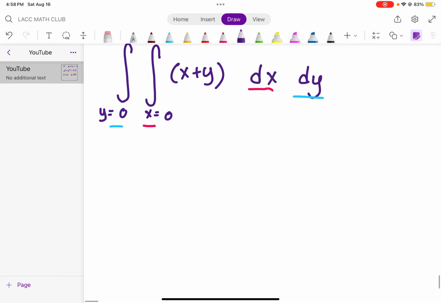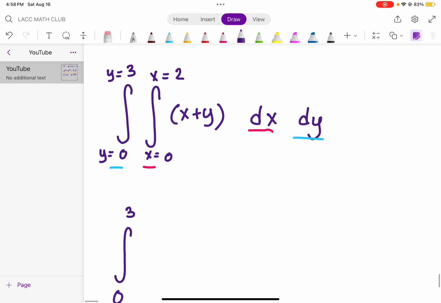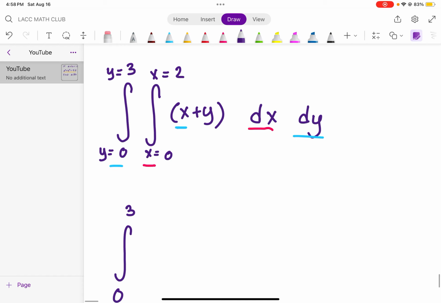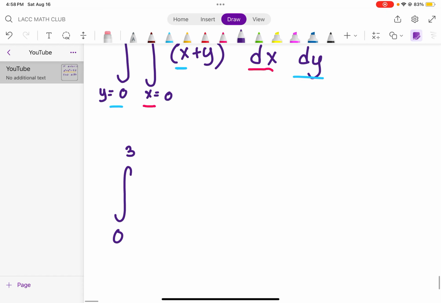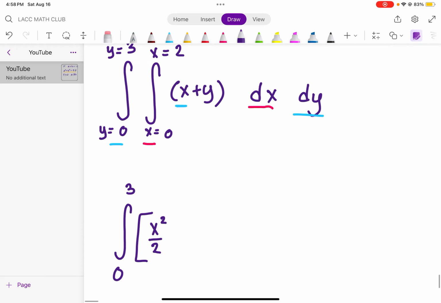So let's rewrite this integral from 0 to 3, and let's integrate this. What's the integral of x, right? The integral of x with respect to x is x squared over 2. Now what is the integral of y with respect to x?